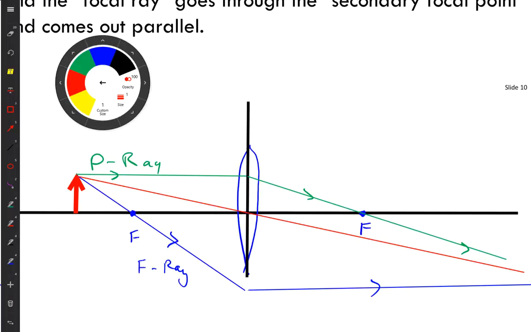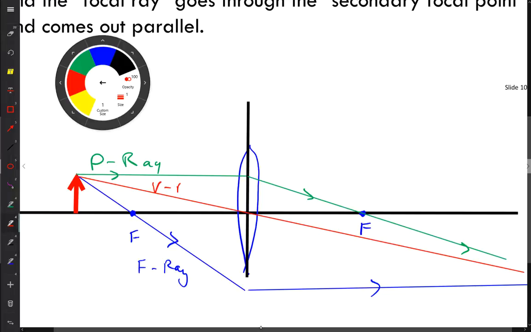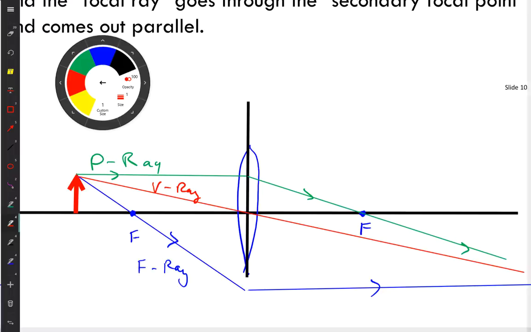It was offset a little, but came out parallel. If it's a thin lens, one of negligible thickness, then there's no offset and it just goes straight through. And so this one here is called the vertex ray or V ray. And where the three meet is where the image is formed.